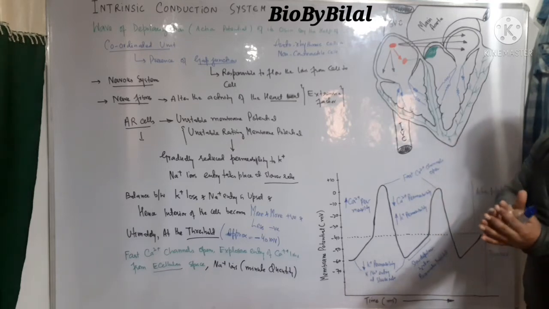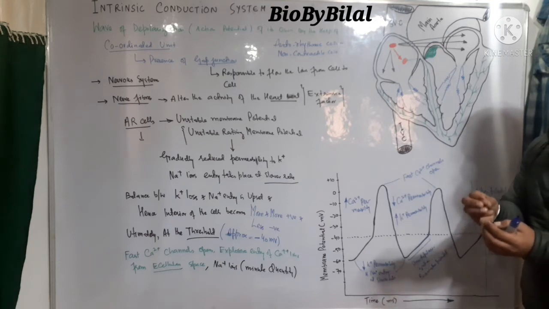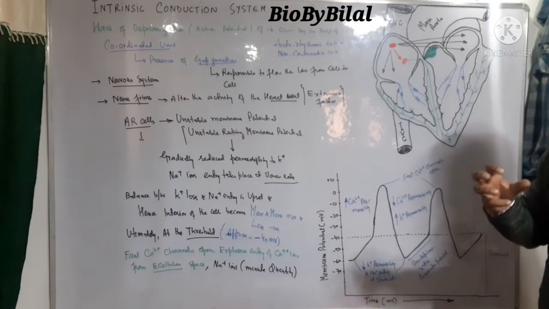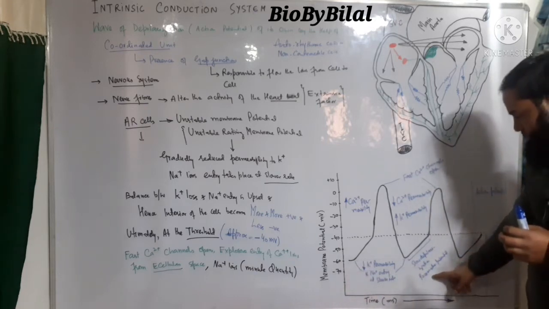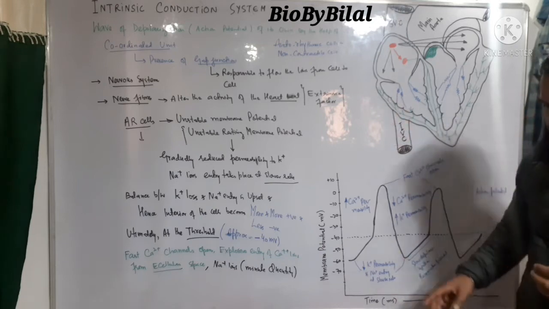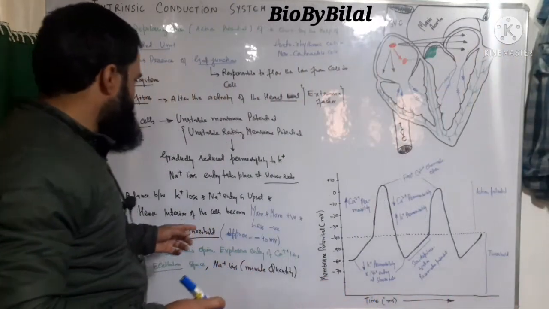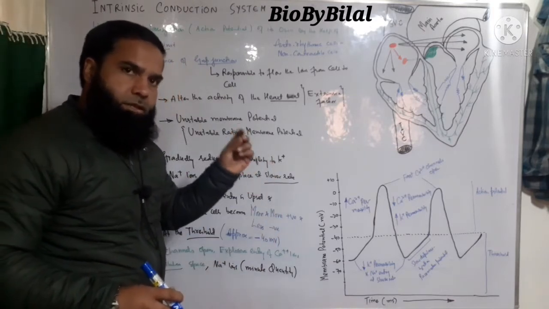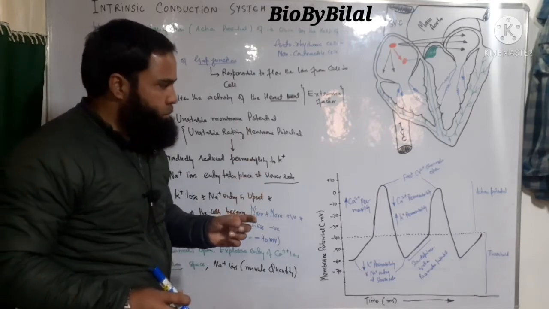When repolarization takes place, then a slow depolarization once again takes place when there is inactivation of the potassium channels. It is also the pacemaker potential, because I have told you what pacemaker potential actually is. It is nothing but the spontaneously changing membrane potential. That's also called the pacemaker potential or pre-potential.